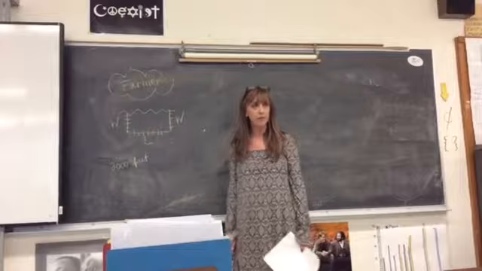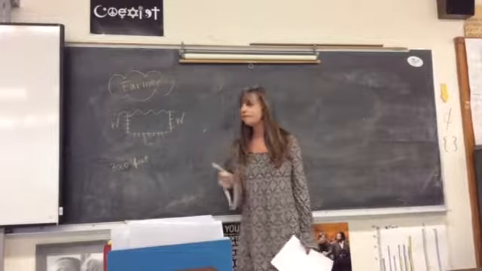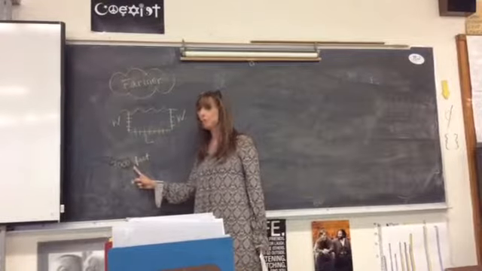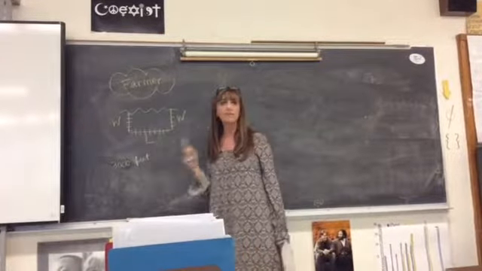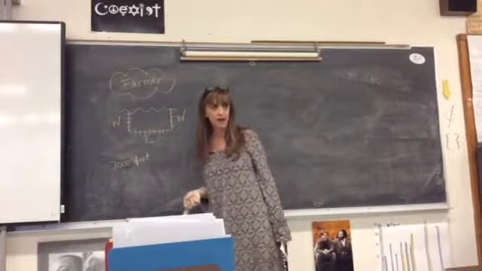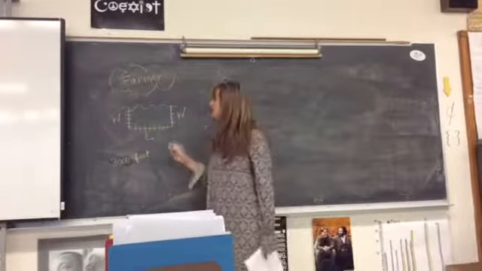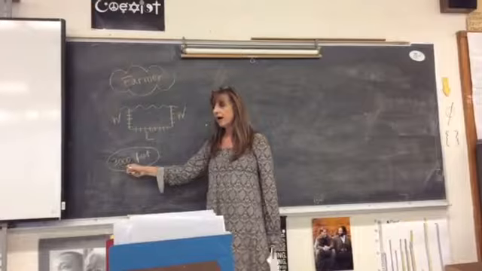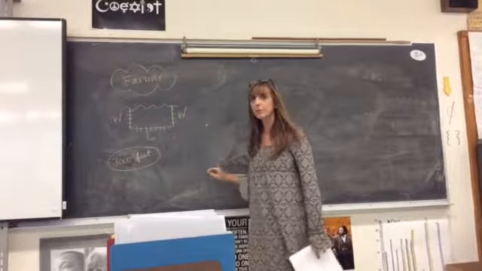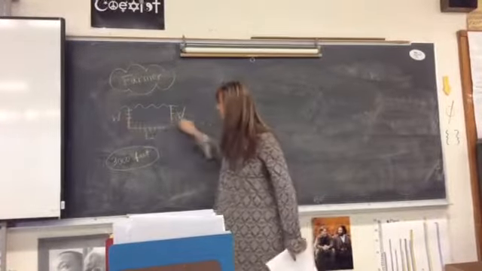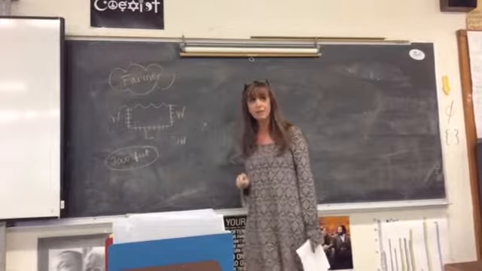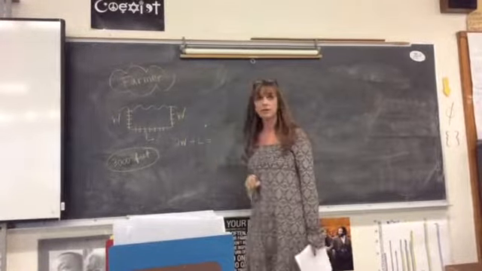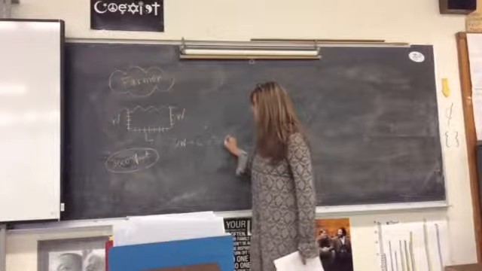So I need an area formula. But before I can find the area formula, I need to use the perimeter formula to solve for one of the variables in terms of the other variable. So once you draw a picture and you have the perimeter, write out the perimeter formula. So here it's 2W, plus a length is going to equal 3,000.